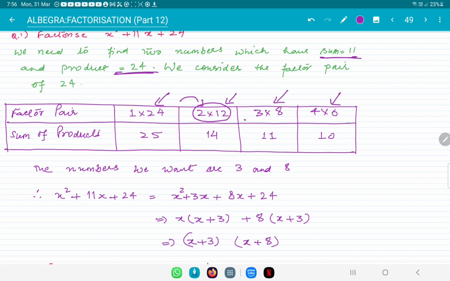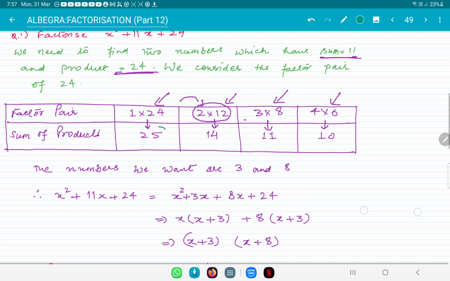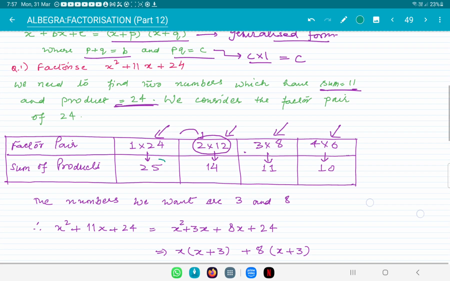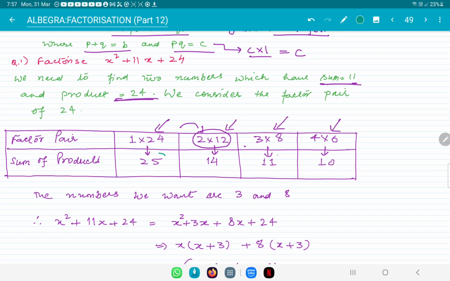And if we take the sum for each, 1 plus 24 is 25, 2 plus 12 is 14, 3 plus 8 is 11 and 4 plus 6 is 10. The sum should be 11, so only in this case we are getting 11.